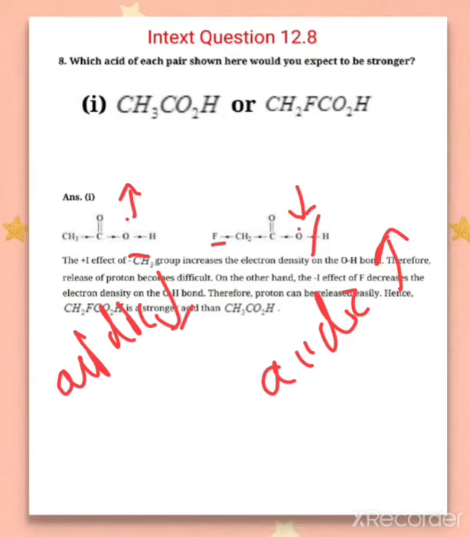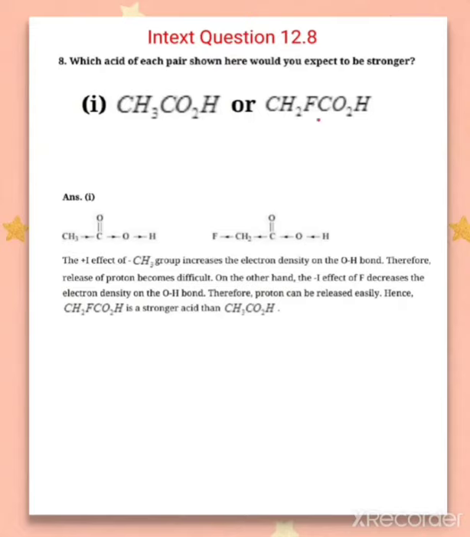When you compare these two, which one is more acidic? This one is the stronger acid. Because an explanation is not asked, you just have to write which one is stronger. How easily can you write this answer? Just remember which is the electron withdrawing group. If it is there, that will be the stronger acid. Here F is an electron withdrawing group, therefore it is a stronger acid.